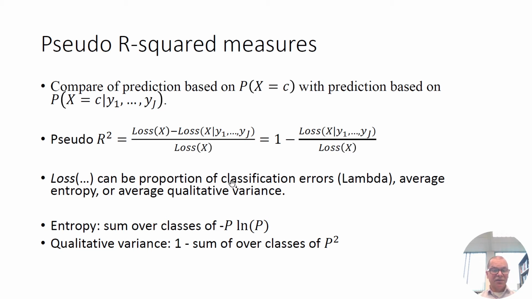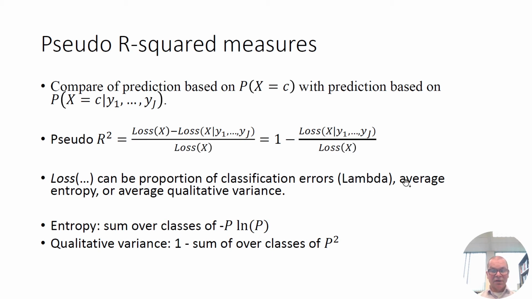We can compare this number with the loss that we would have if we don't use the responses. The pseudo R-square resulting from using classification errors as a loss function is sometimes referred to as lambda. That's also how it's called in the LatentGOLD output.